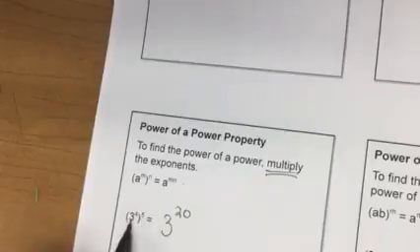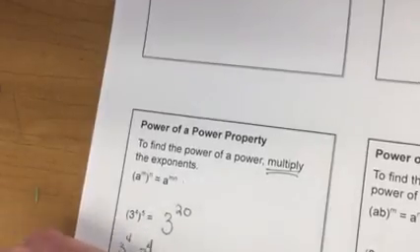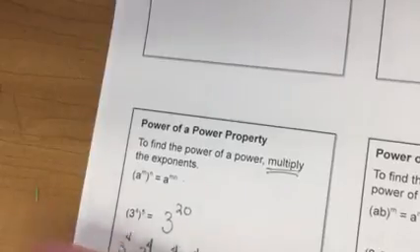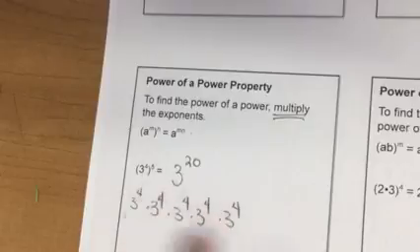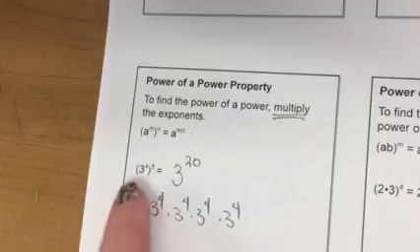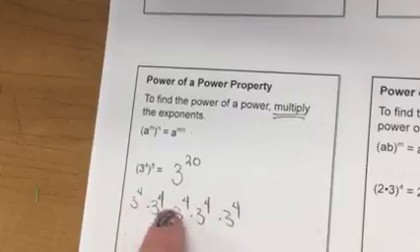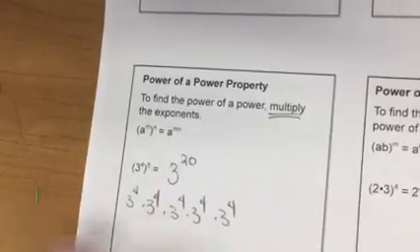It means you have 5 of these factors: 3 to the 4th times 3 to the 4th times 3 to the 4th, 3 to the 4th, 3 to the 4th. 5 of those. That's what that means. Adding 4 five times, 4, 8, 12, 16, 20, gives 3 to the 20th.